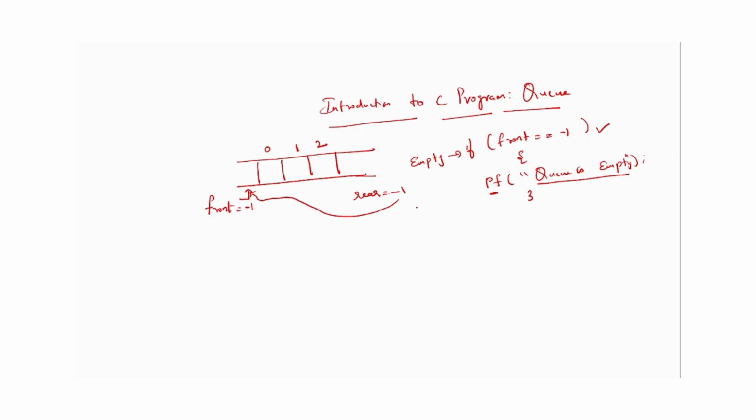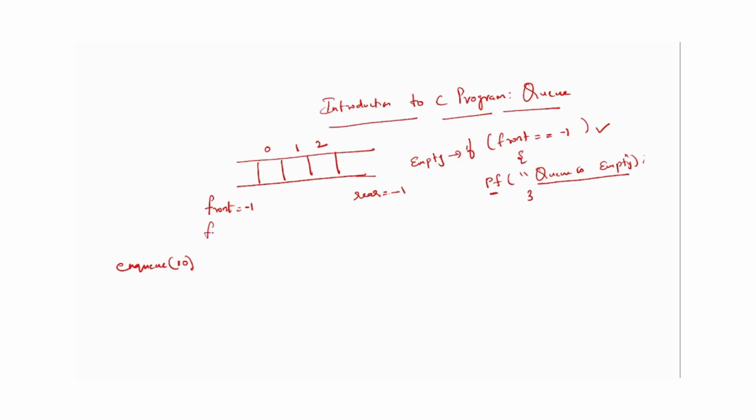Now suppose I want to add the first element, or I want to enqueue the first element into the queue, suppose 10. I want to enqueue or insert the first element into the queue. What should I do? First thing I will do is, to enqueue the first element, I will say front plus plus.